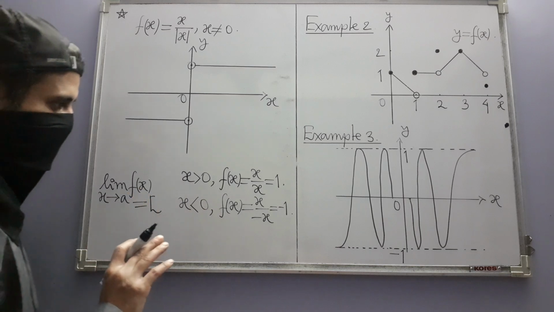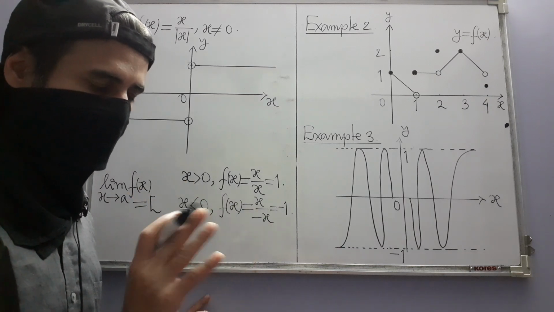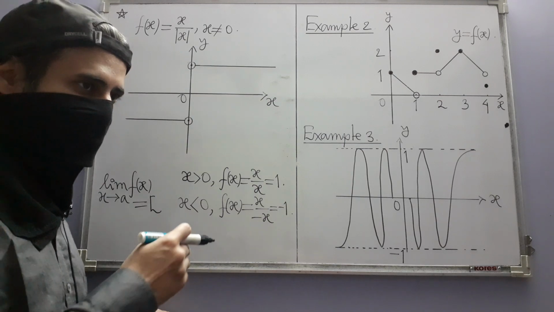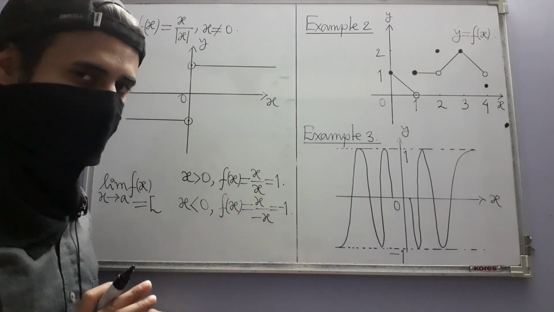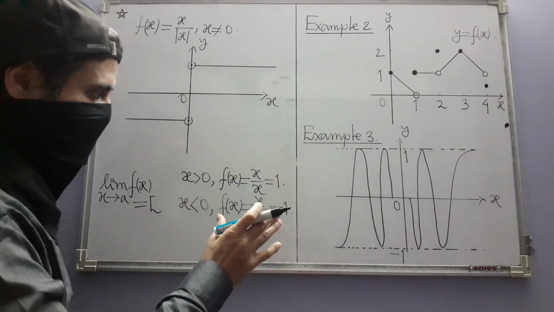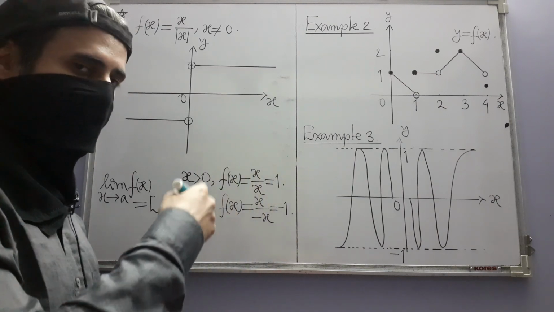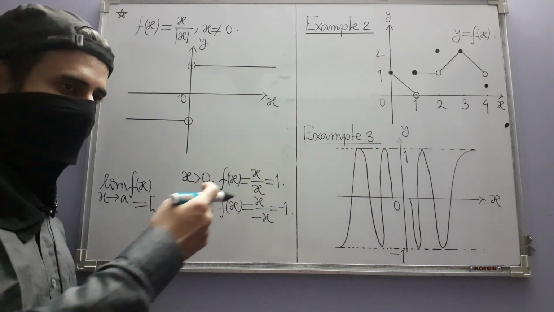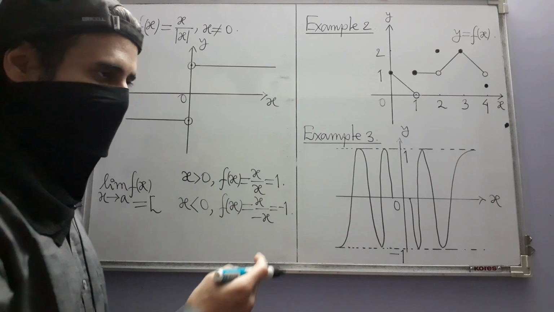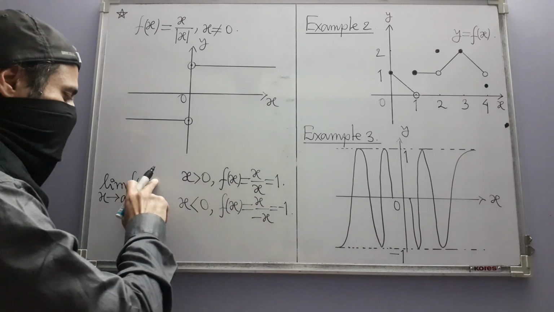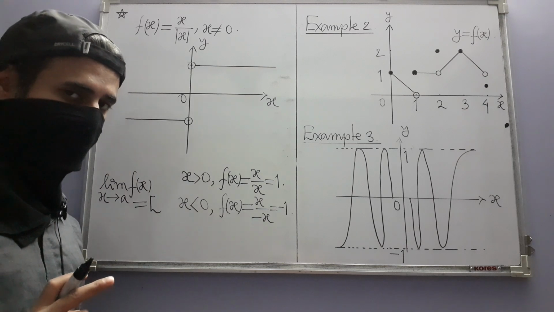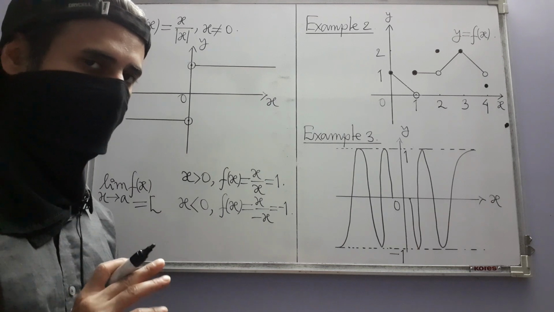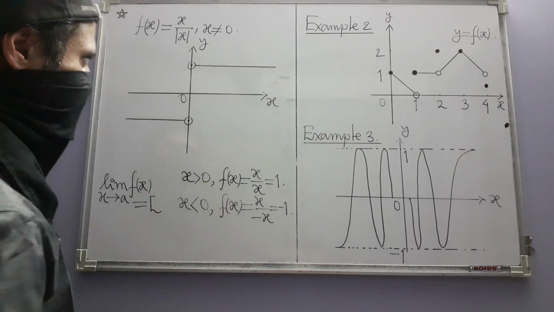So in one-sided limits, the notion that we have discussed just now, we have made this one-sidedness by considering one of those two things. So if you only consider the x values that are to the right of a, you make x closer and closer to a, but always being on the right side of a. Then if f of x gets closer and closer to L, we say that L is the right hand limit of f at a. Similarly for the left one.